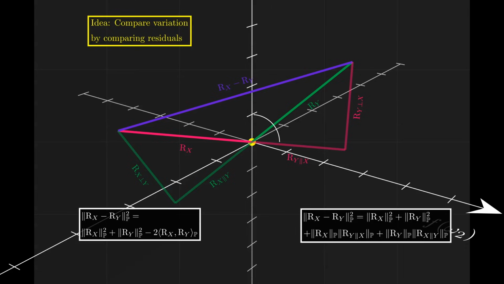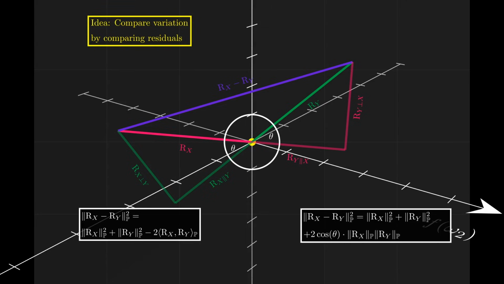Luckily, we can also find this quite easily with some geometric arguments. Since the variation of x in the direction of y and the variation of y in the direction of x are, by definition, orthogonal to their respective counterparts, we can simply calculate these lengths by using the cosine.